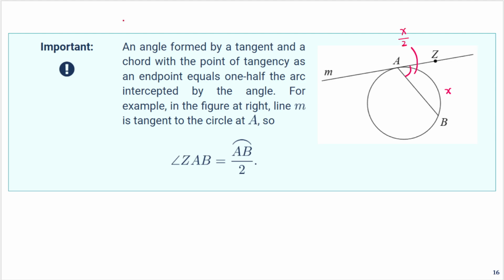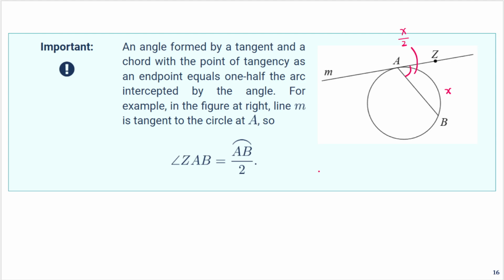Did you get it? Again, please write this down in a notebook. This is another important property, okay? And also, an angle between a tangent and a chord is often referred to as an inscribed angle.